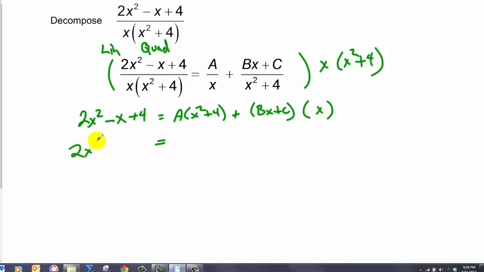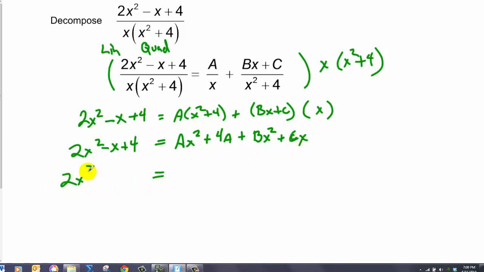Cleaning that up, I get ax squared plus 4a plus bx squared plus cx. Grouping these, I group my x squared terms and I have a plus b.